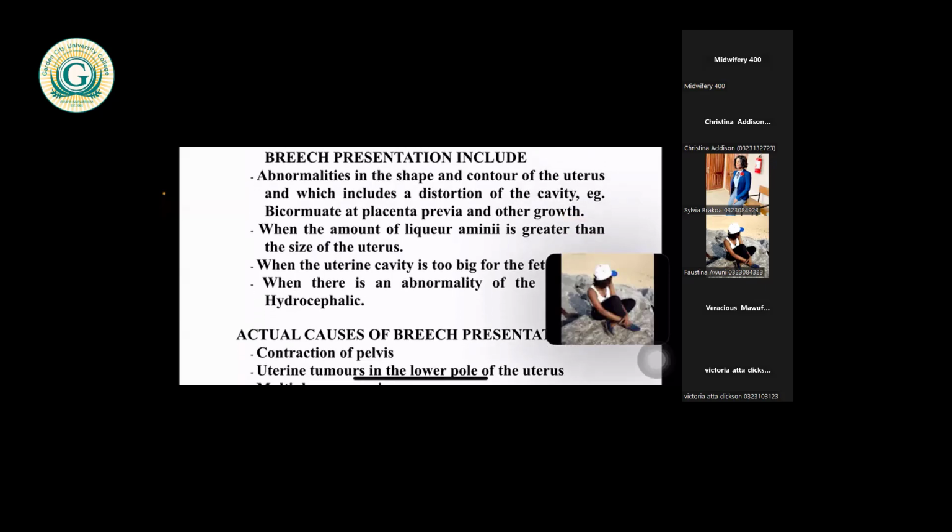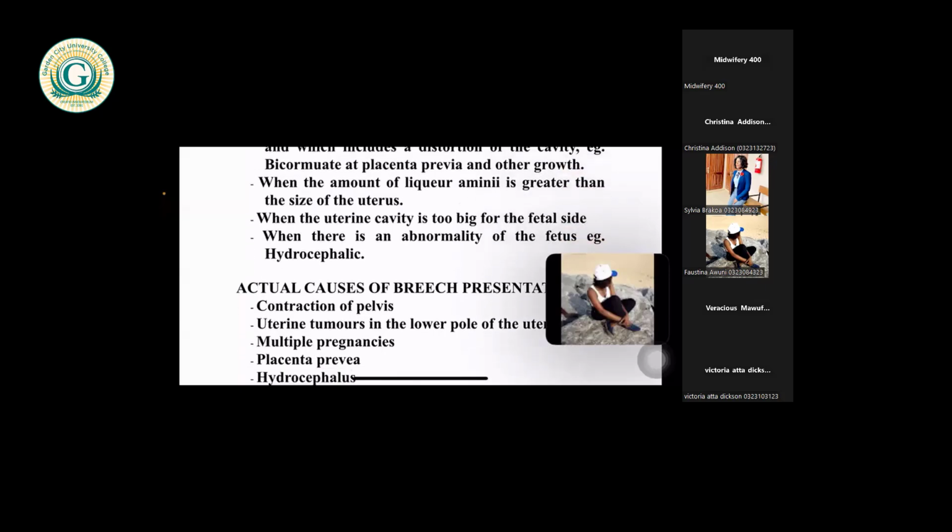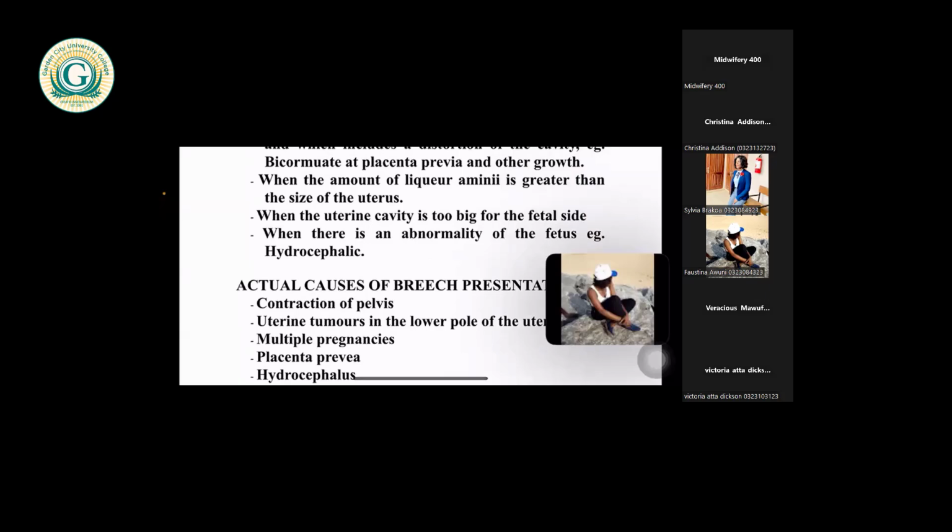So let's look at some of the causes. What Haja gave us. One is contraction of the pelvis. So when the pelvis is contracted, as our sister explained earlier, the lower part cannot contain a mass. So if the pelvis is contracted, since the breech is the smallest part, it will try to accommodate it rather than the head.